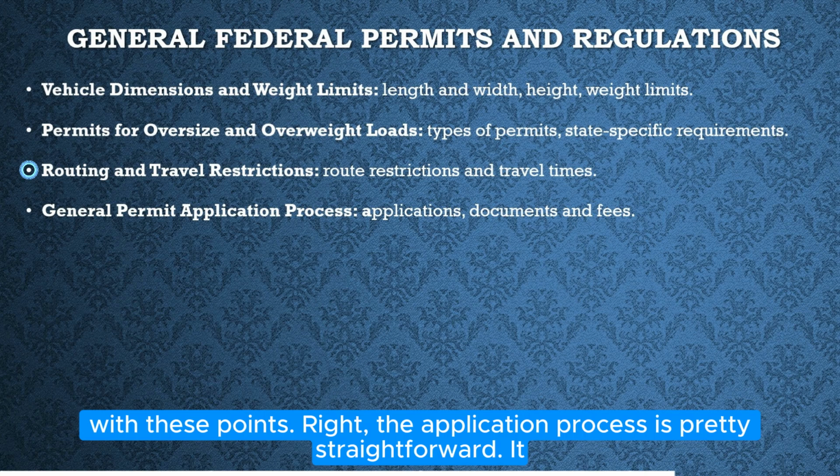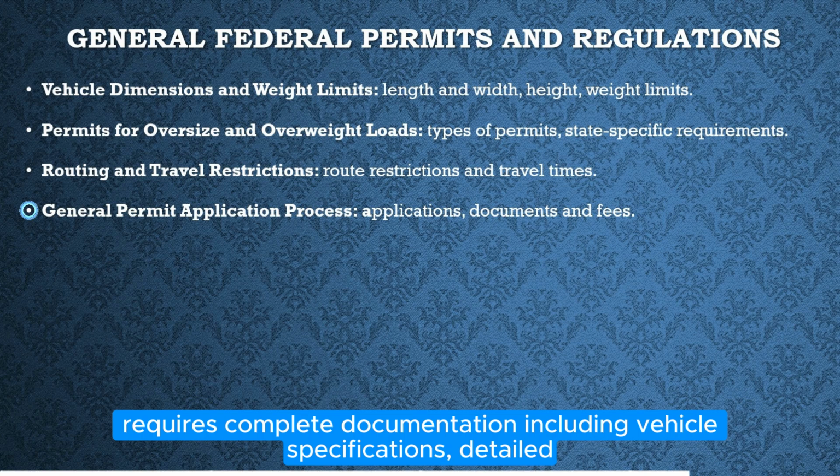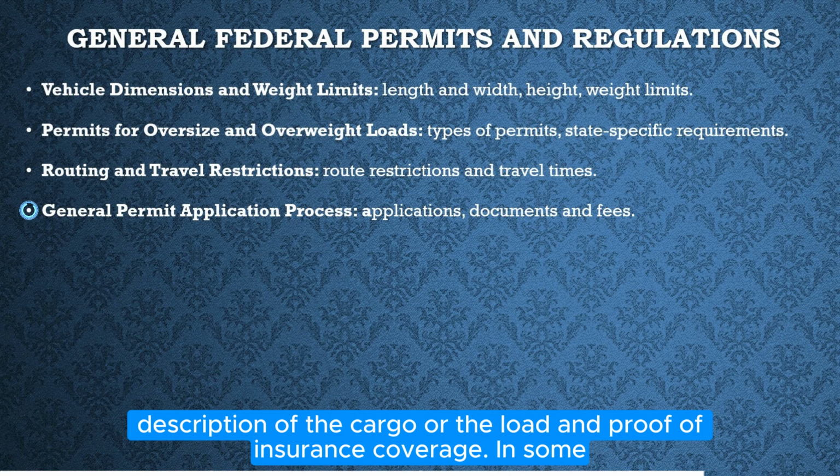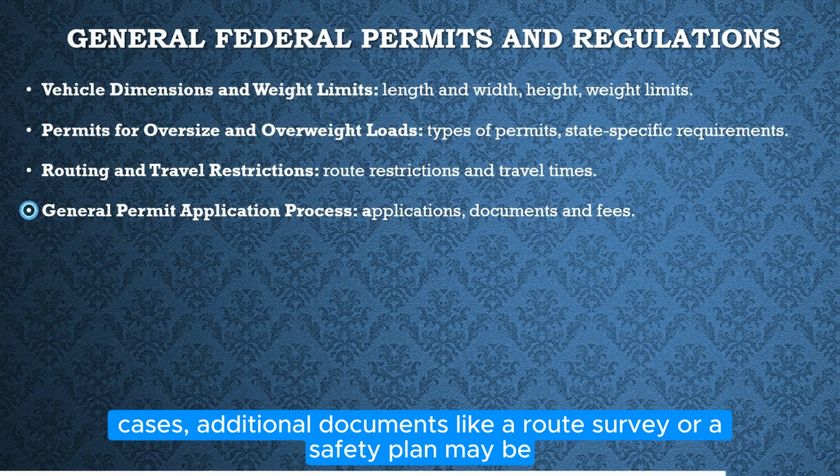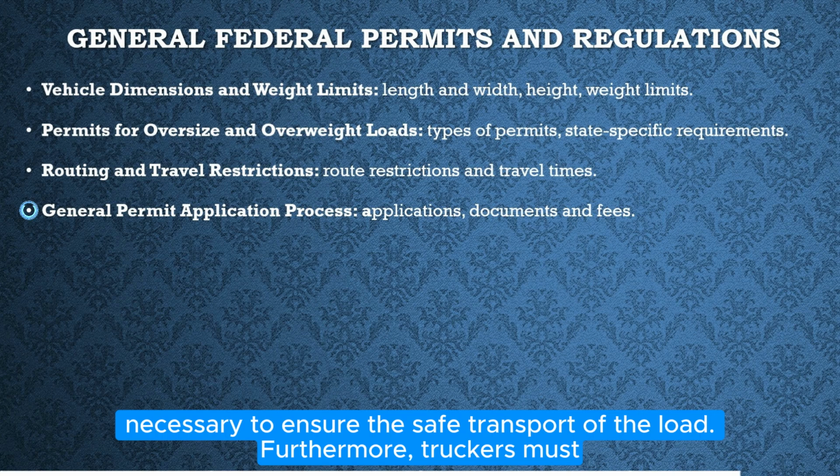Right. The application process is pretty straightforward. It requires complete documentation, including vehicle specifications, detailed description of the cargo or the load, and proof of insurance coverage. In some cases, additional documents like a route survey or a safety plan may be necessary to ensure the safe transport of the load.